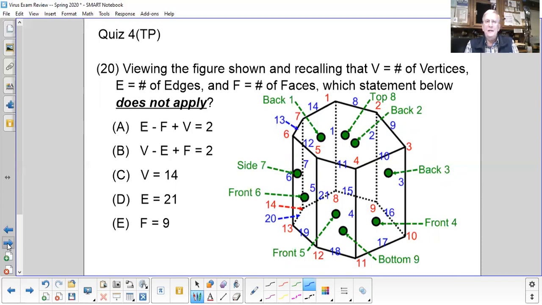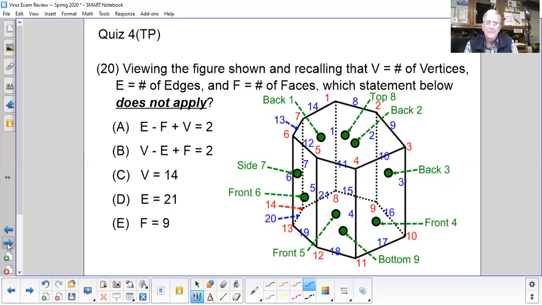So if we have 21 total, 7 edges on the top, 7 edges on the bottom, and 7 vertical edges, the 21 edges is correct. The faces would be 9, as it says. Okay, so C, D, and E are okay.